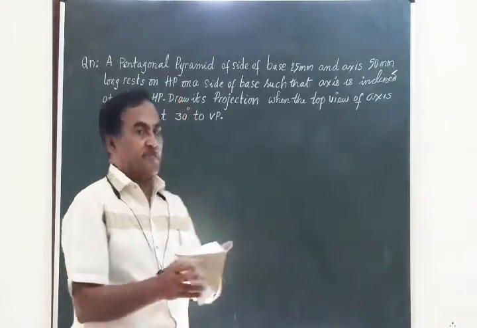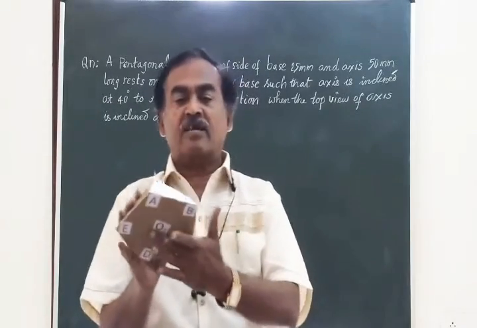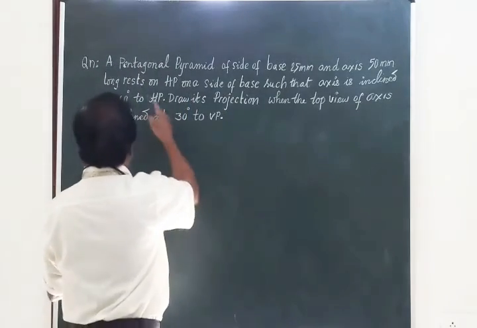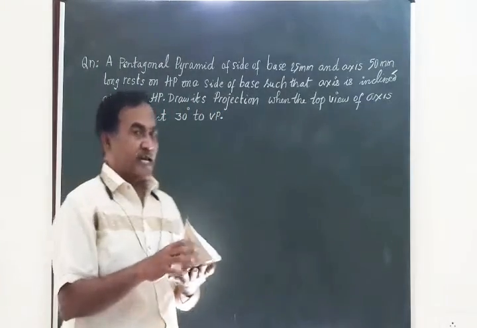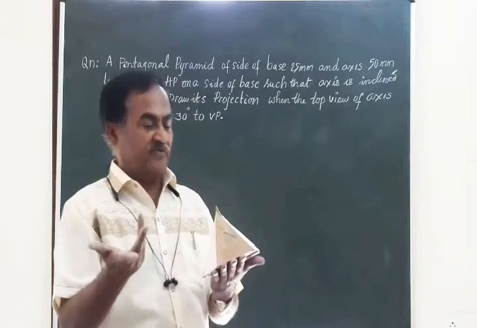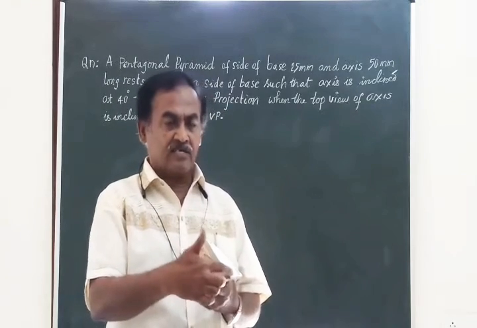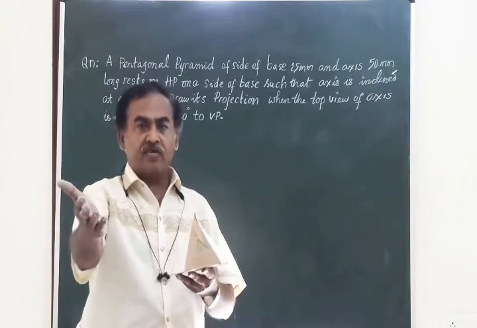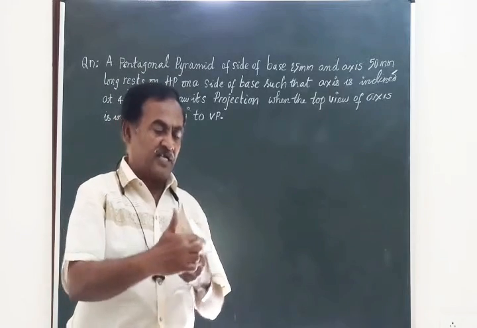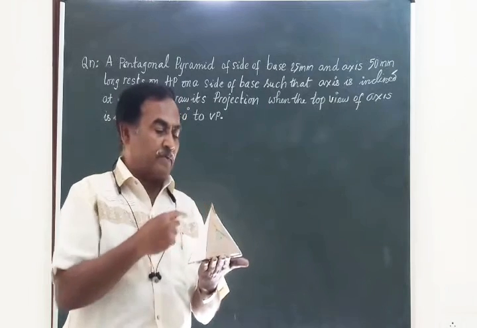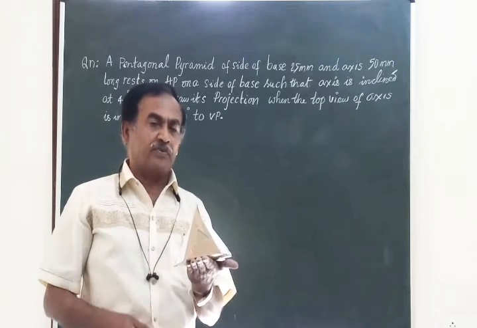We have a pentagonal pyramid. It has to rest on a side of the base. So as per the rule I have taught you in the previous sessions, one of the sides of the base should come to the right side of the observer, and it should be normal to the VP, the vertical plane, when you place it on HP.